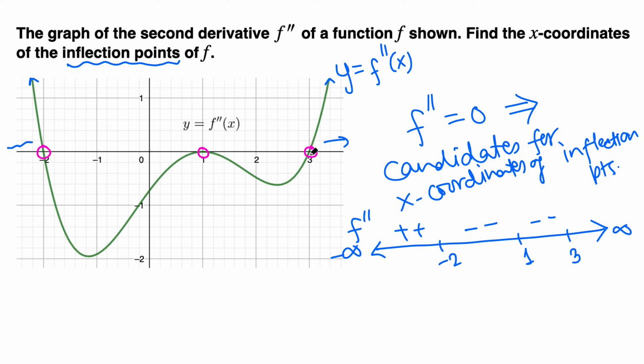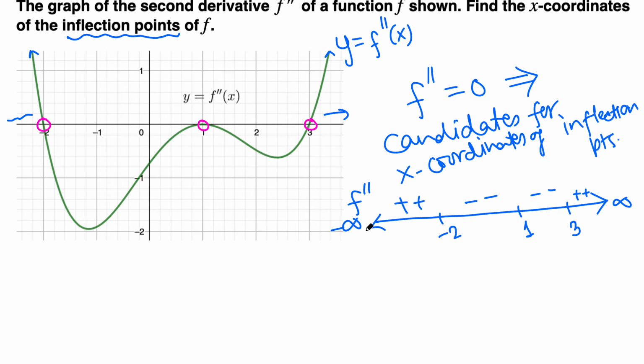On the right of 3, it's above the x-axis, which means the second derivative is positive, because this is the graph of the second derivative. And we know that when the second derivative is positive, the function is concave up on that interval. Concave up, concave down, concave down, concave up.